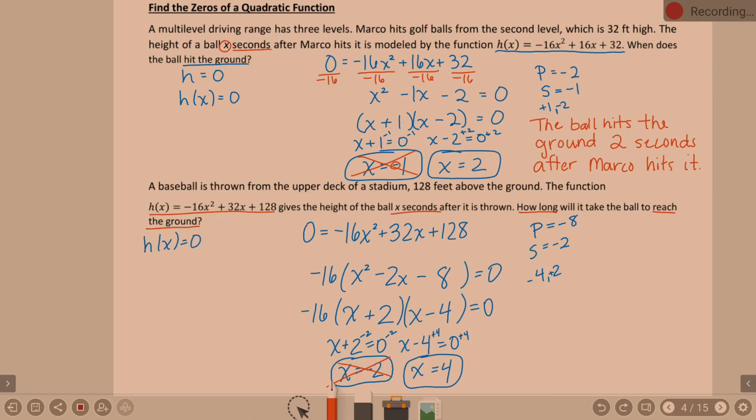So we can't do this. So how long does it take the ball to reach the ground? 4 seconds. So the ball reaches the ground 4 seconds after it was thrown.